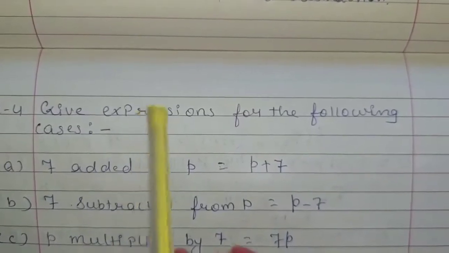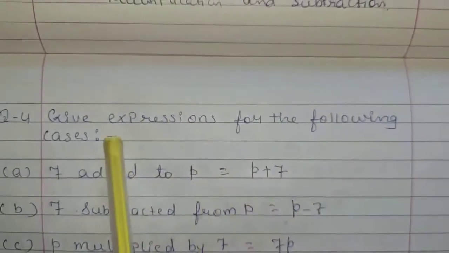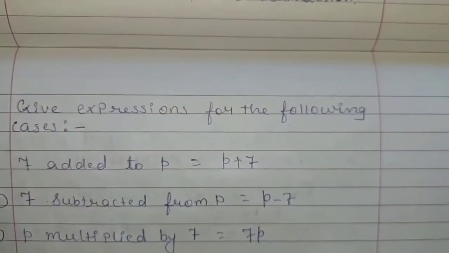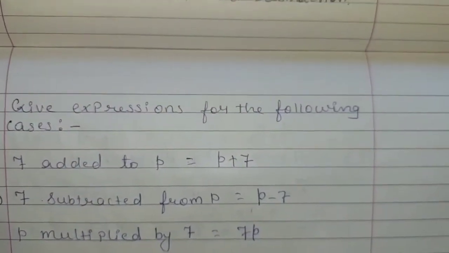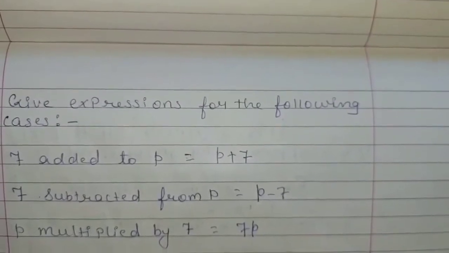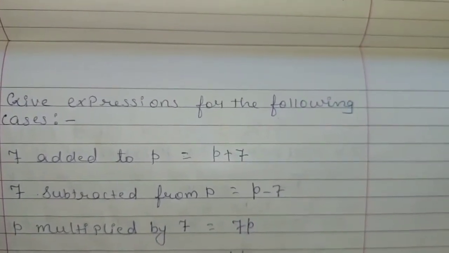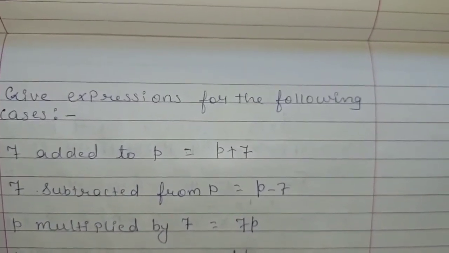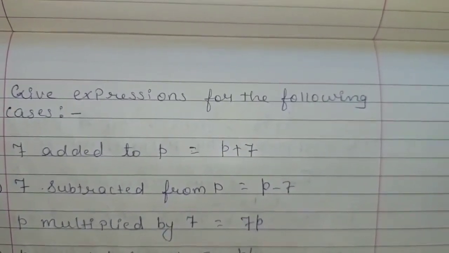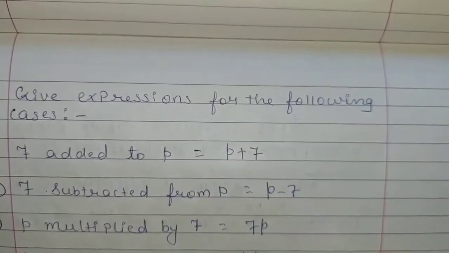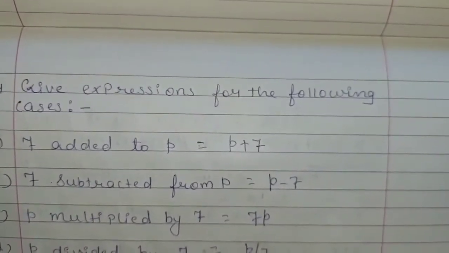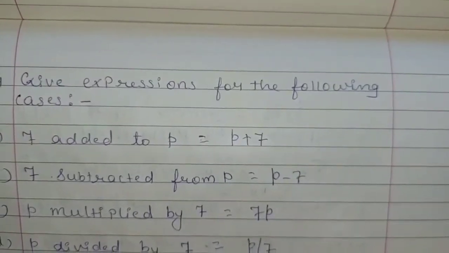Question number 4. Give expressions for the following cases. Here expressions we have to give means our question is in statement form. We have done in question 3, that if it is like p plus 7, then statement would be like 7 added to p. So we have to write here in expression form of the different four operation statements given.